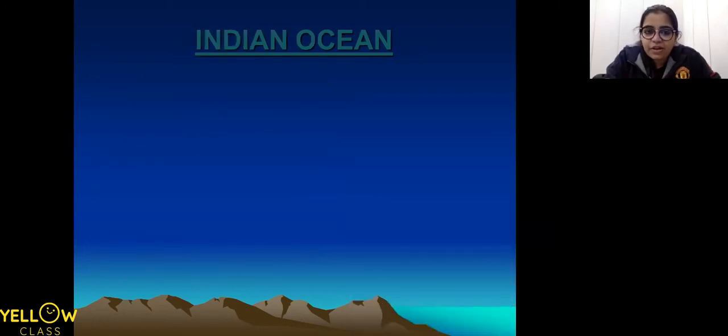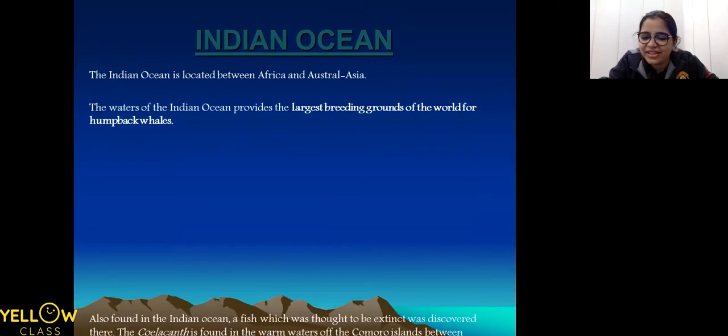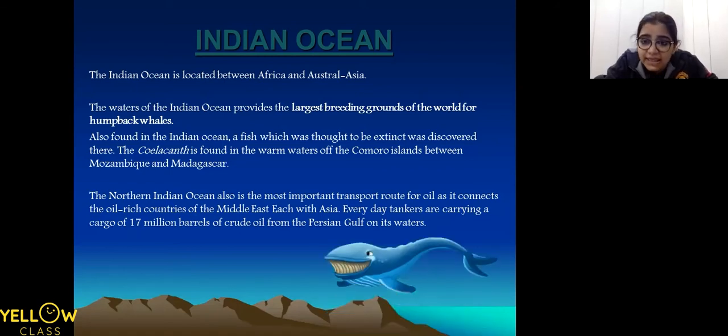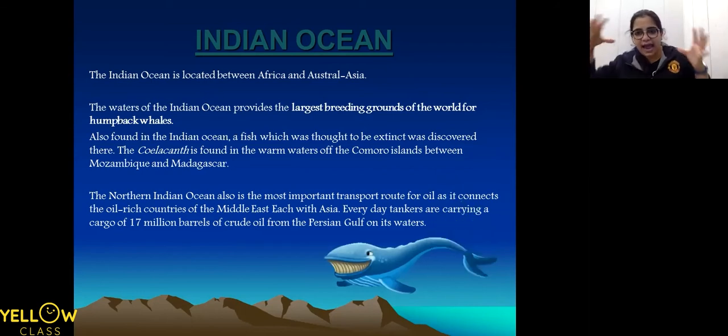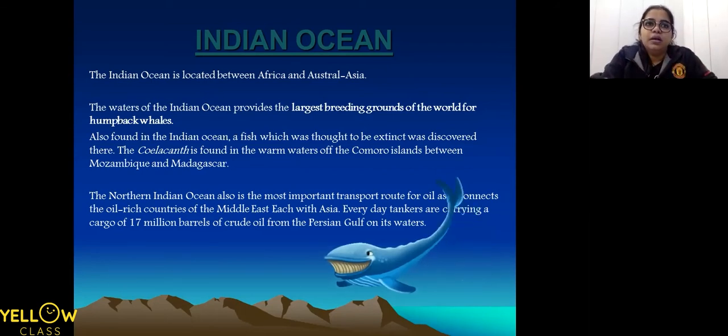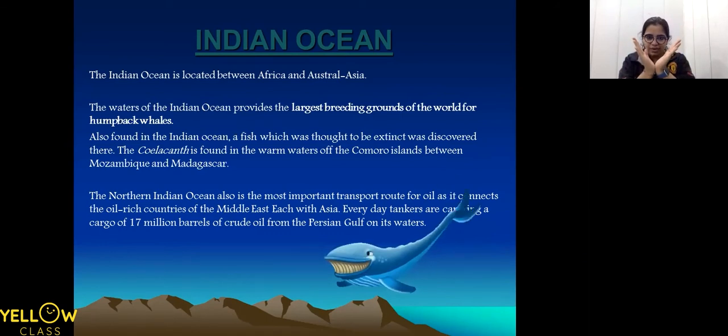Brushing up everything about the Atlantic, let's see our last ocean, and that is the Indian Ocean. As the name says, kids, the Indian Ocean is located between Africa, Australia, and Asia. Roughly, if you remember the map of India, it goes down like this.